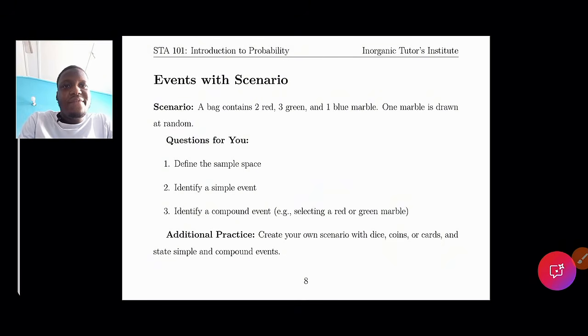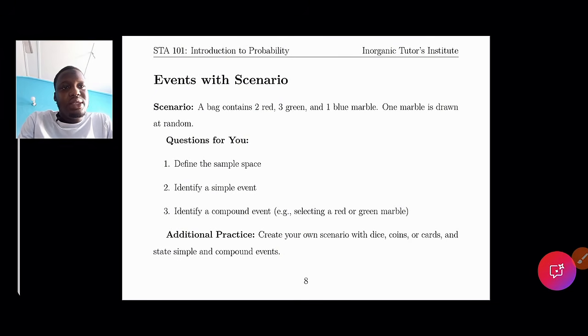Now the question is, define the sample space. Remember, sample space is a set of possible outcomes. So what could be the results when we draw one of the marbles at random? What can we possibly get?